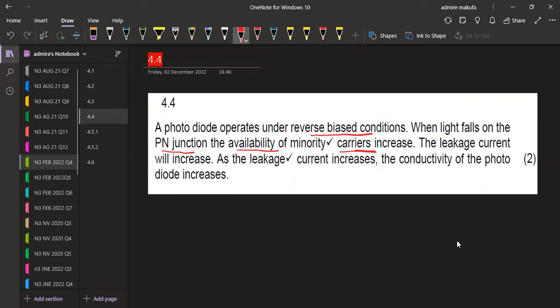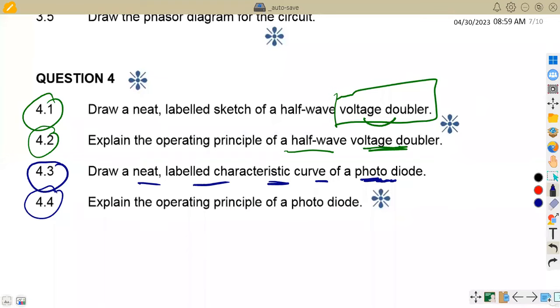The leakage current will increase. As the leakage current increases, the conductivity of the photodiode increases. So this is the description that you are supposed to have as your best attempt at this typical question. All right. So that was our question 4.4.